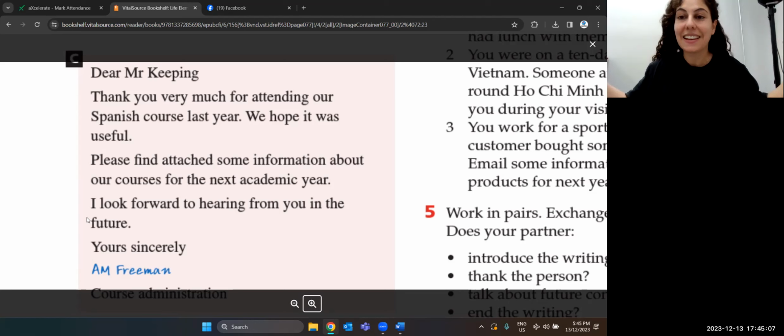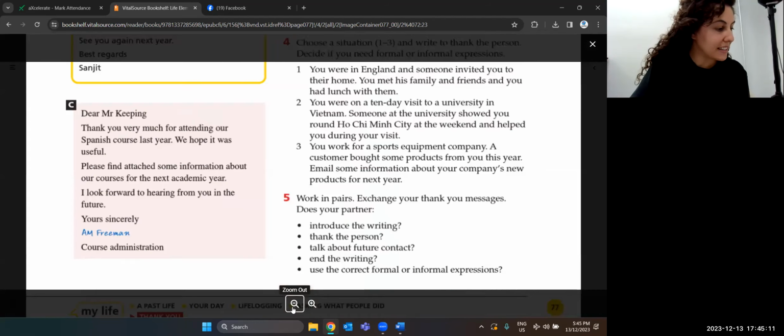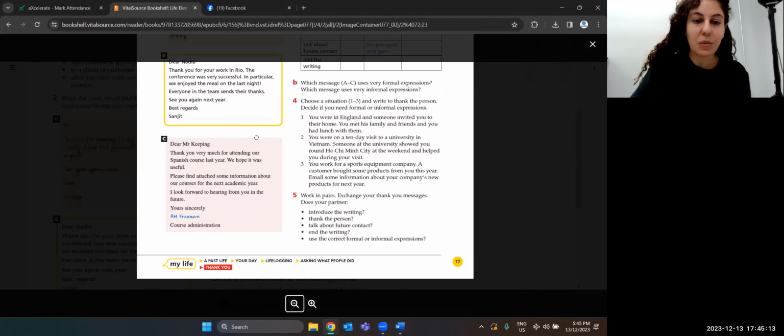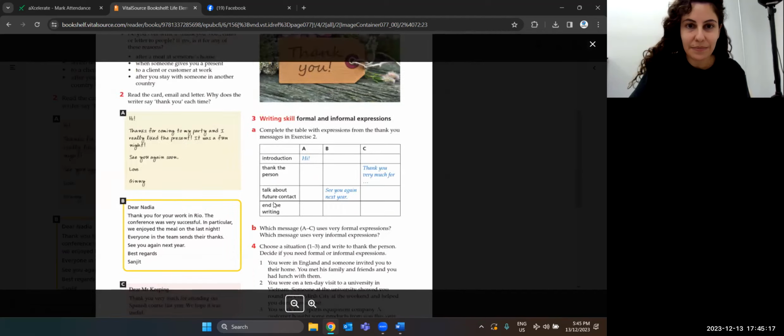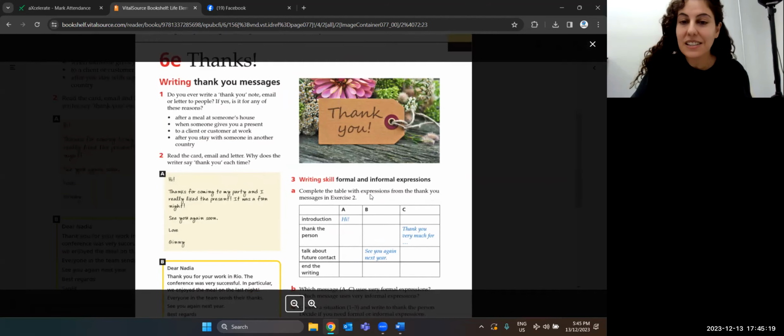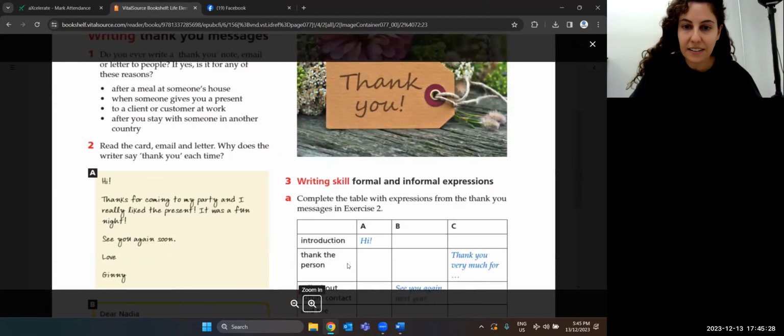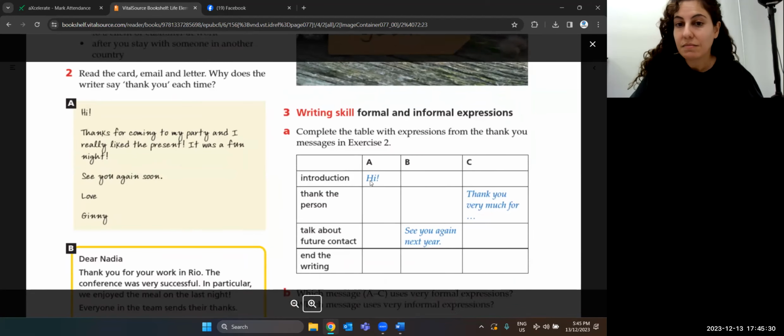Okay, so we can see that there are many reasons why we need to say thank you. Let's look at some formal and informal expressions. So in the introduction for the first letter, it says hi.